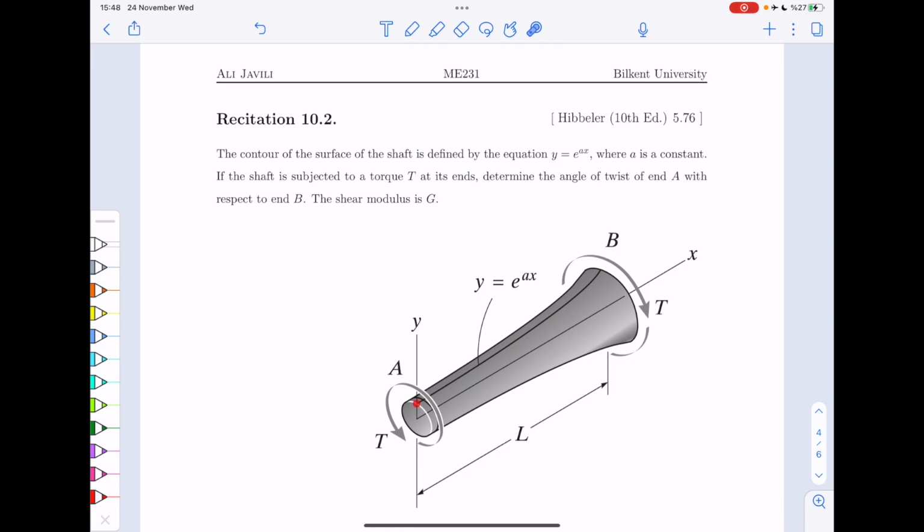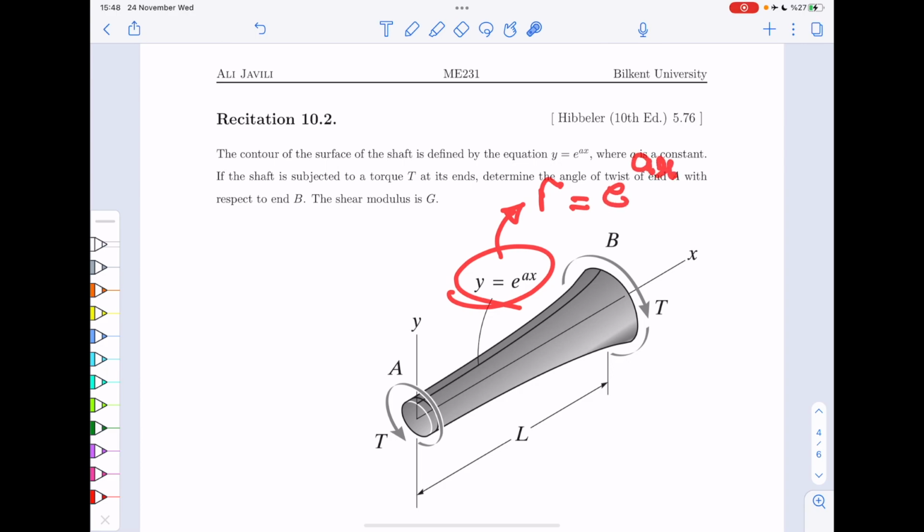And you can see in this coordinate system, this is x, this is y. So basically, y is the radius of the shaft, right? So this equation is essentially telling you that r is e to the power ax, okay?